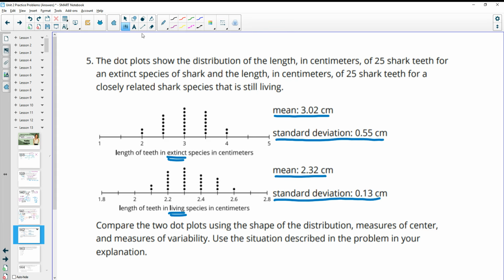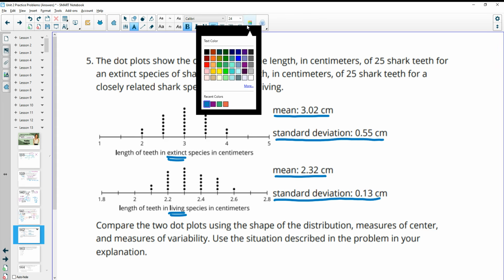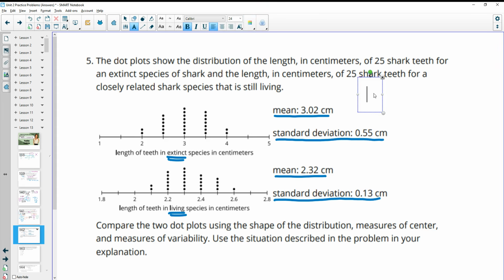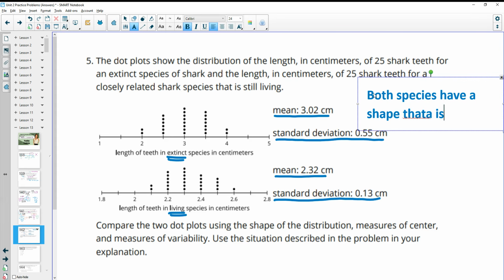So this is just trying to get us to see, and let me make this type a little bit smaller so that we can see it a little bit better. So we see that both species have a sort of bell shape. Okay, so they have a shape that is close to a bell shape or similar.